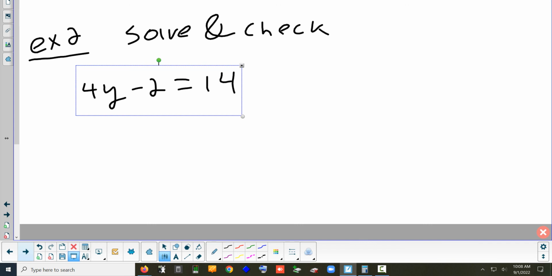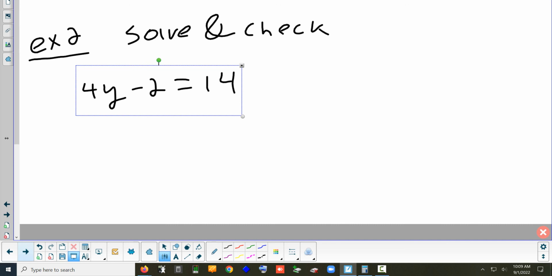Yeah, the -2. If we do it, we have to pick whether it's addition or subtraction. But if we pick the right one, we can get this -2 on the other side. How would we move that -2 to the other side?